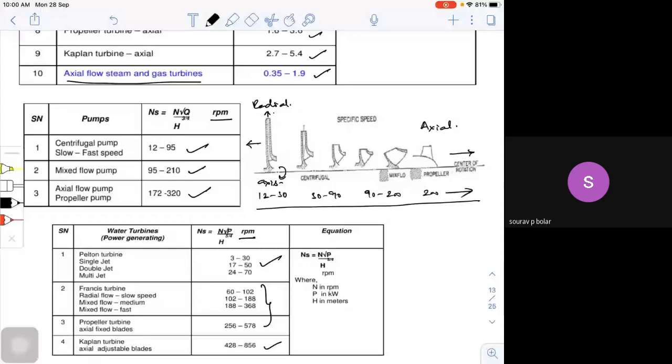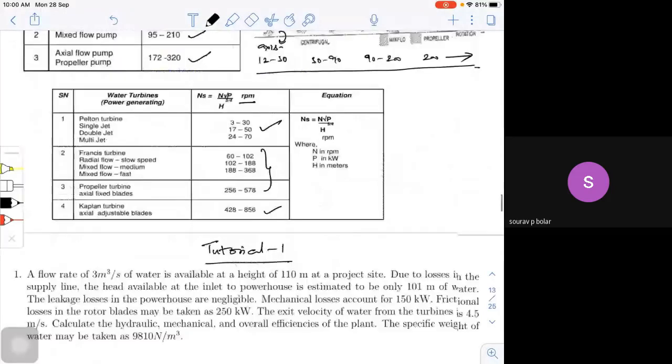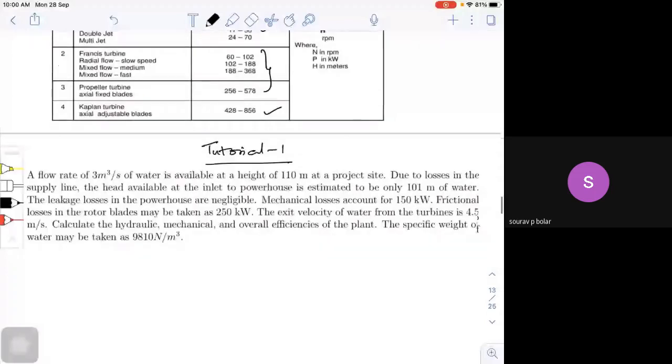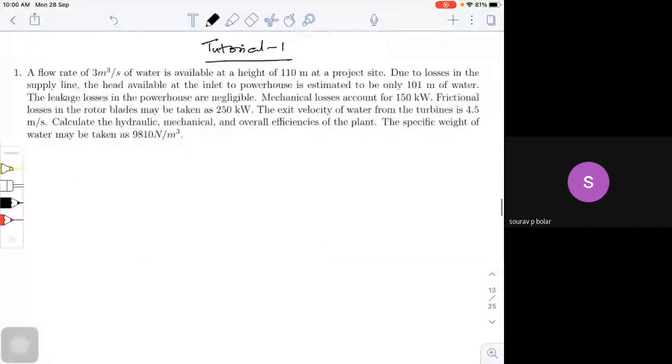I already told you that I want to upload some tutorials, maybe around 15-20 problems. It's still pending, but by end of the day or by tomorrow morning I'll try to upload. What type of problems may you get? You may get numericals where you will be asked to calculate the efficiency of a given turbo machine, or you may be asked to do some model studies where a particular compressor, pump or turbine is given. One will be a prototype, another some kind of model.